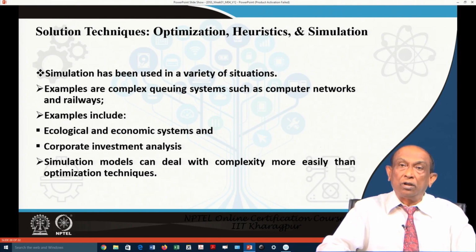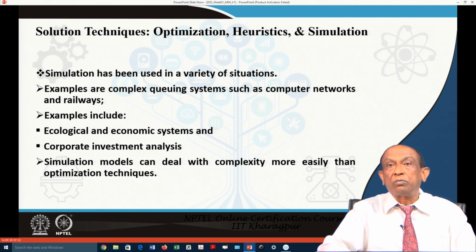Of course, optimization techniques have also been used in various DSS. It depends on the situation, depends on the complexity of the problem, depends on the affordability and things like that.